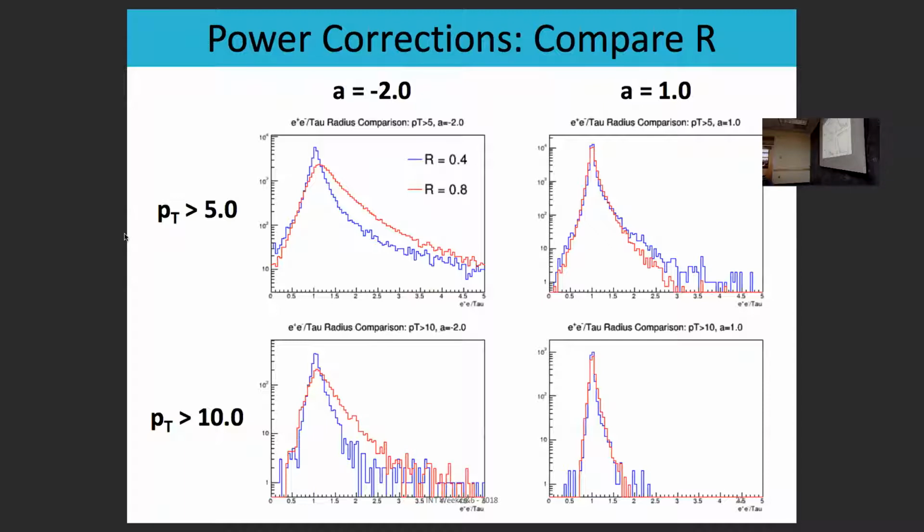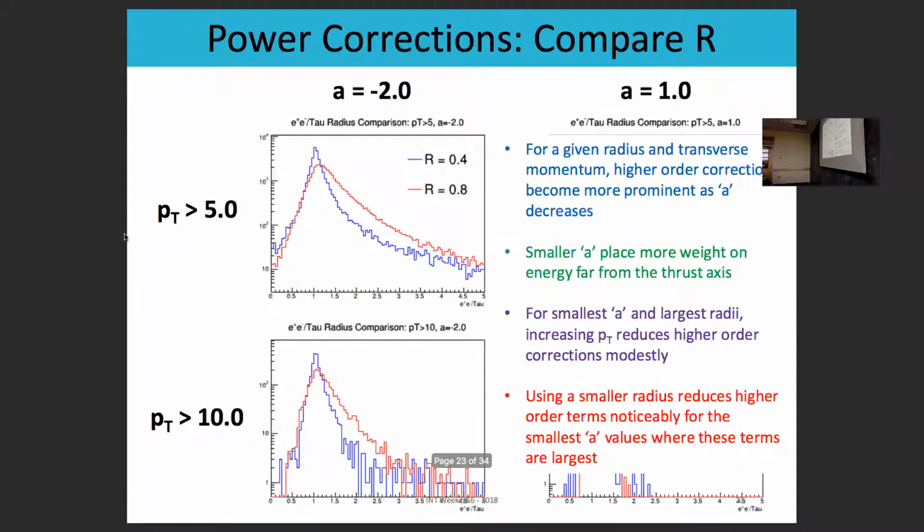So you see moving to smaller radii helps reduce these corrections for both PTs. And at an A of 1, where these terms were suppressed, changing radii has minimal effect. That's basically what I just said.